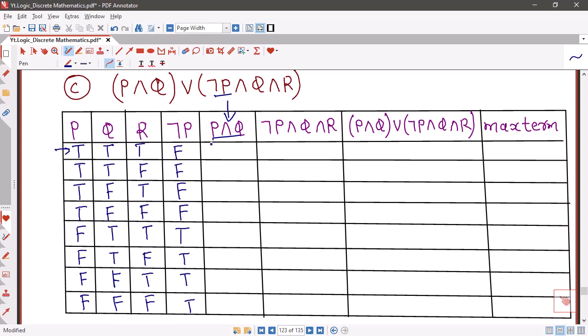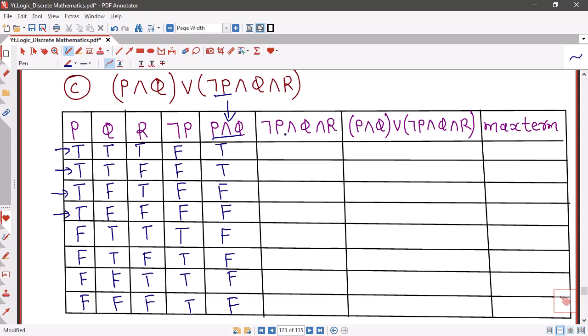So for the first case both are true, therefore this is true. Here also both are true. Here q is false, therefore this is false. Here also q is false, therefore this is false. And in all remaining four cases p is false, therefore we have a false truth value here.